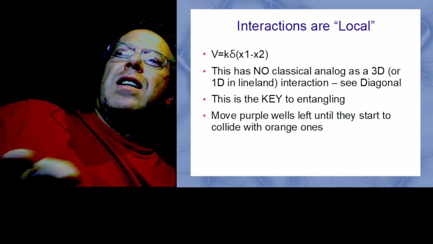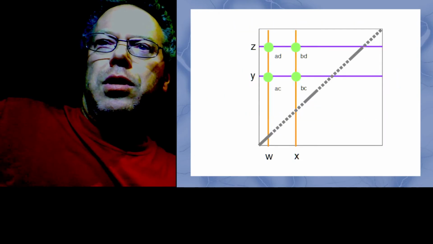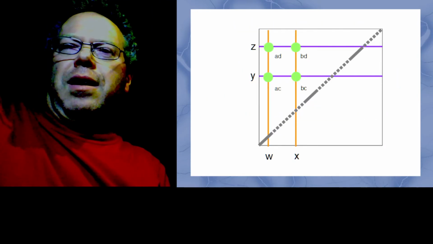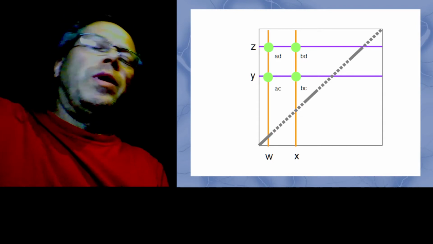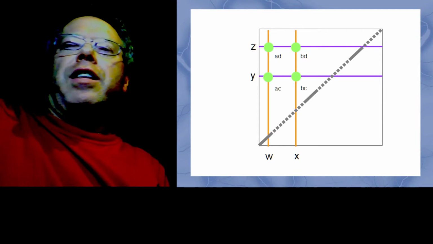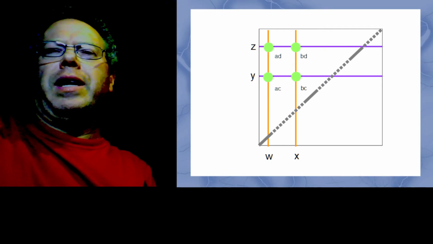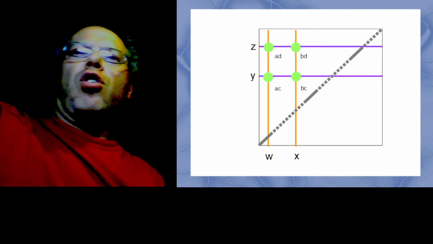However, when I go look at this picture again, it's right there. What this basically means is that dashed gray line is where the interaction is. So when I made these wells, they're not touching, but the locality, this potential, when I express it in this plane, is really a potential that exists on this diagonal.